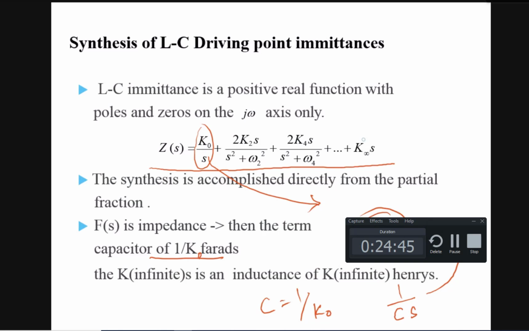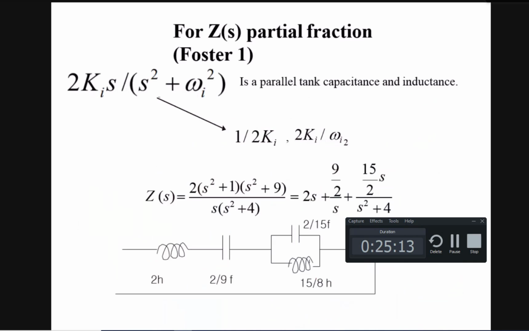And K infinity corresponds to an inductance, because the impedance of an inductor in the s domain is s times L. So K infinity becomes L. And the intermediate components also: this corresponds to 1 by 2K_i as the capacitance, and then this is the inductance.